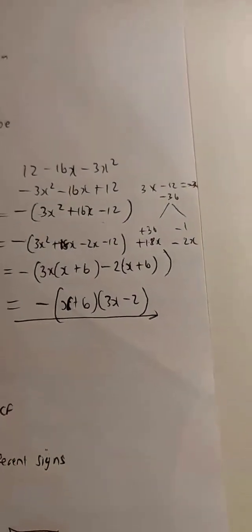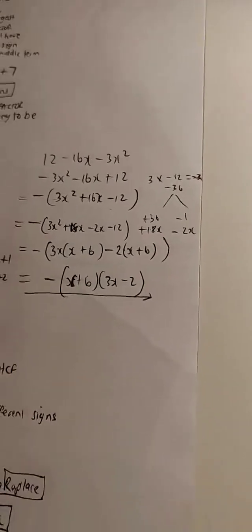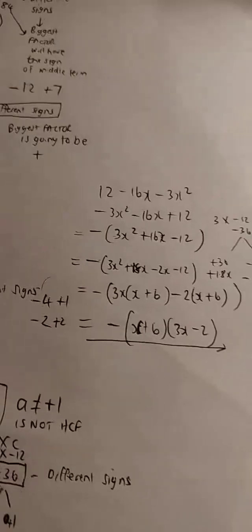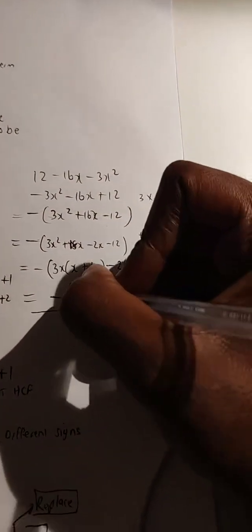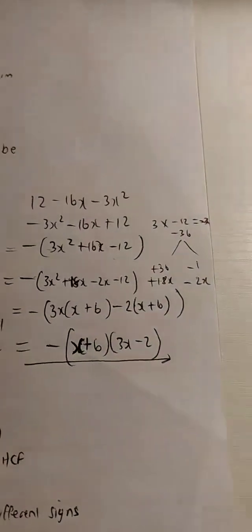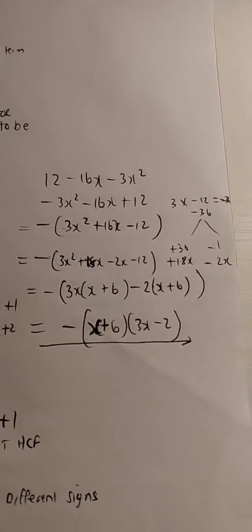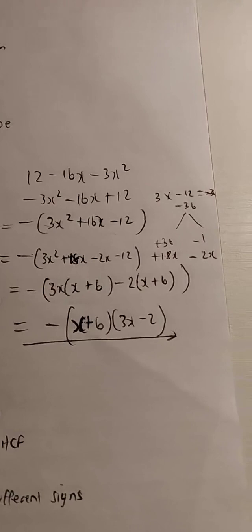Final answer, negative into x plus 6 into 3x minus 2. There it is. I thought it was difficult, but really it wasn't. Just straightforward to the point. Advanced trinomials, advancing, making us big bosses.